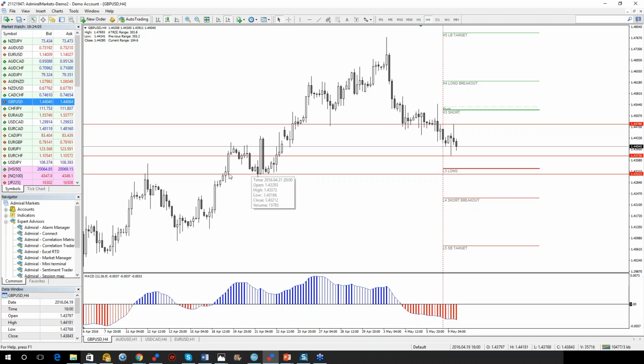Look at this. So this is a strong level. And I expect a reaction if pound gets there. Because this is the level where the previous swing was good for 460 pips.